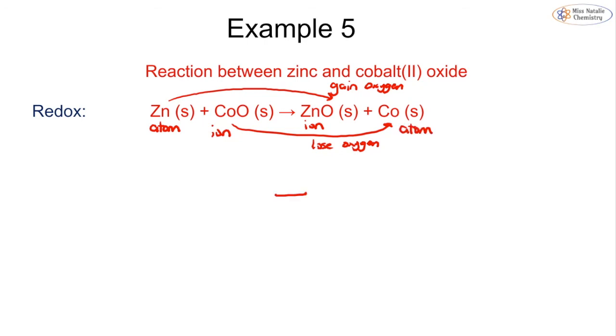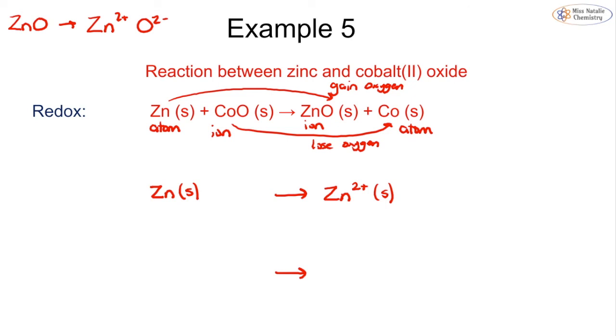So let's split it down into our two sections again. So we have zinc going to zinc ions, and let's just look at our ionic formula. This should be Zn2+ O2-. So this is going to make zinc ions.